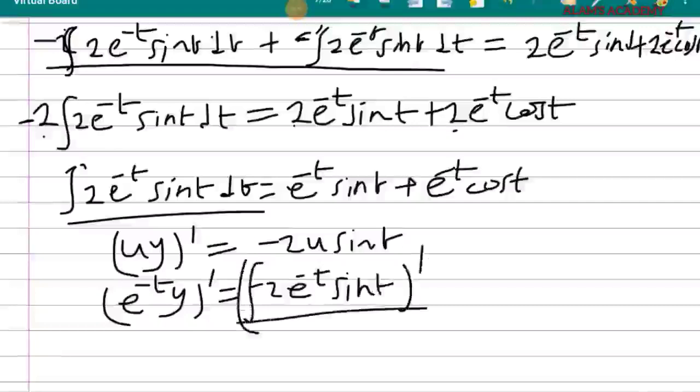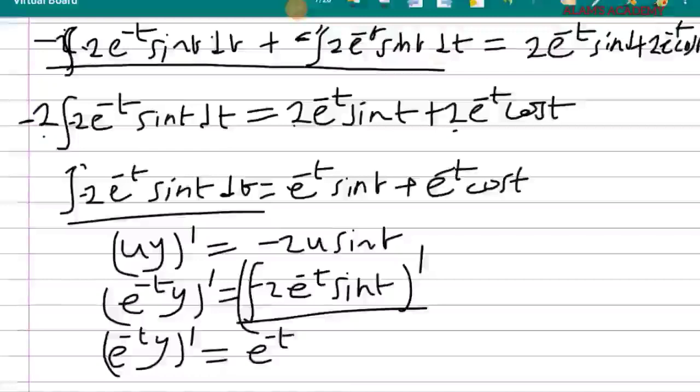So you just substitute inside and you are good to go. Note there's a negative here, it doesn't affect that one. Okay, so now I have (e^t y)' to be equal to e^t, we are substituting, plus e^(-t) cos of t.